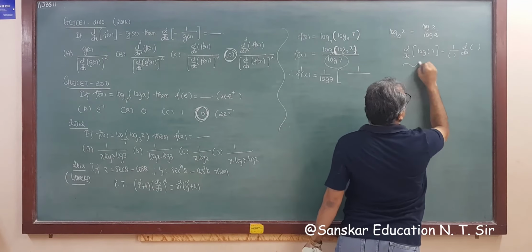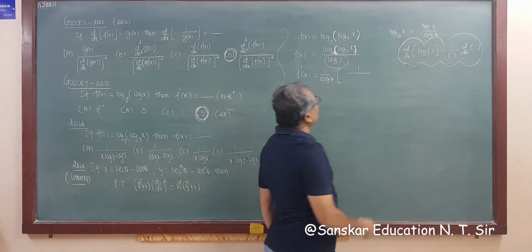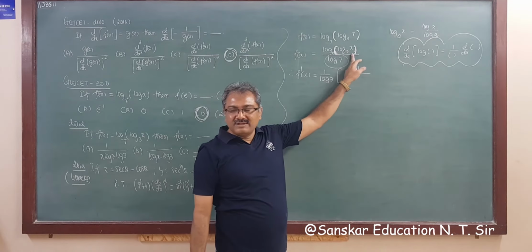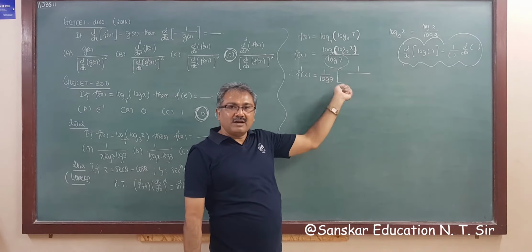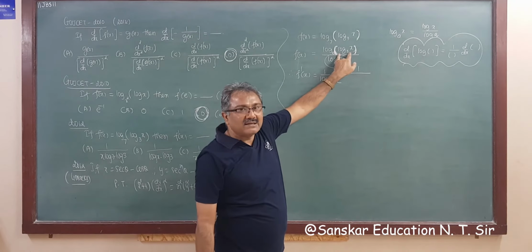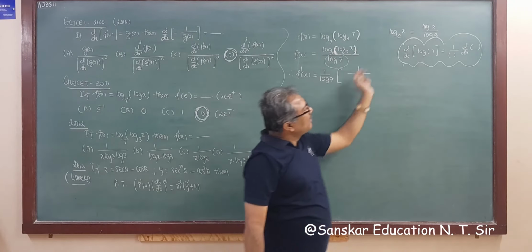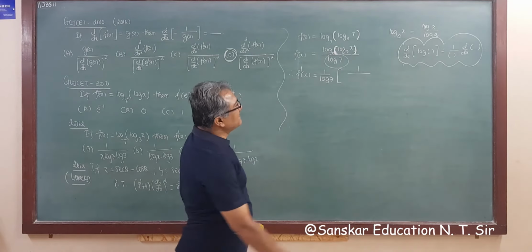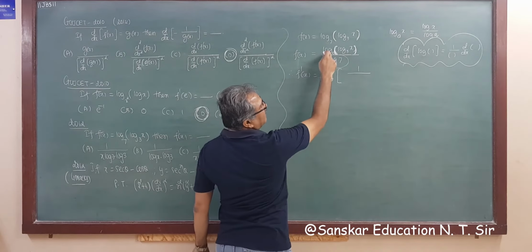This is your answer, because this is not a standard form, this is log x base 3. So for log bracket you require x, but it is not x, so what do you have to do? You have to take a bracket.